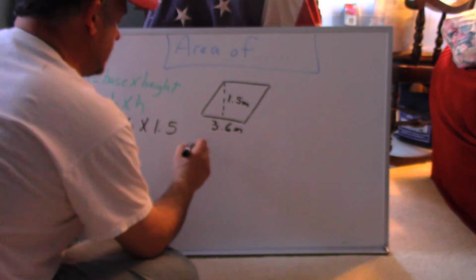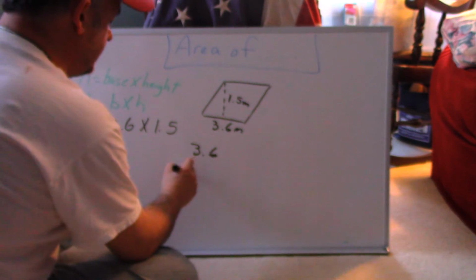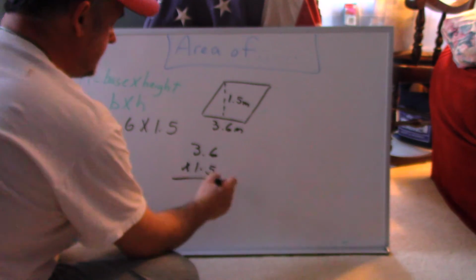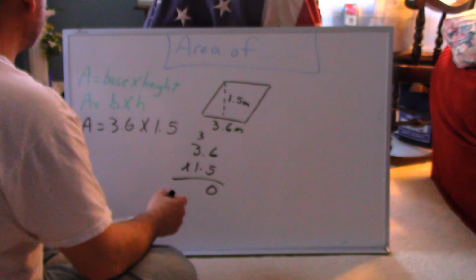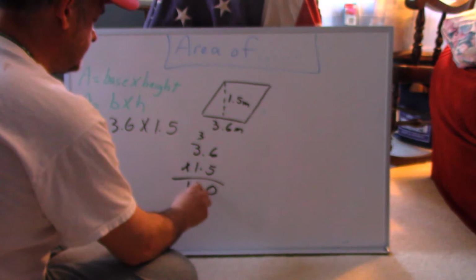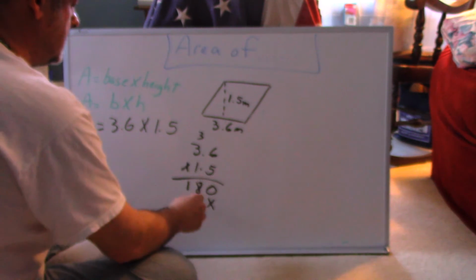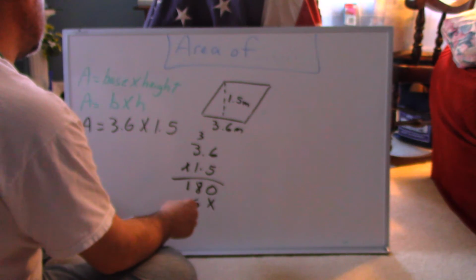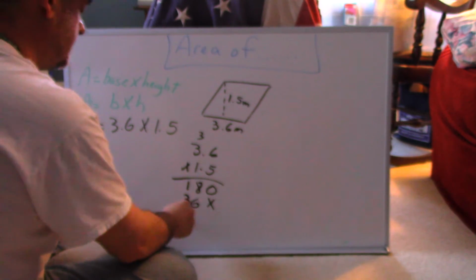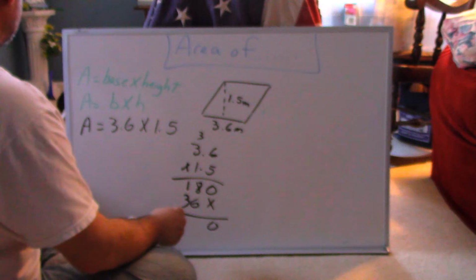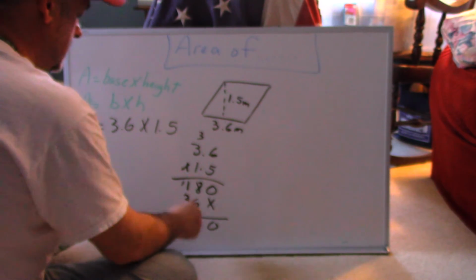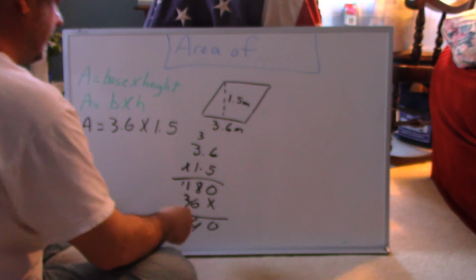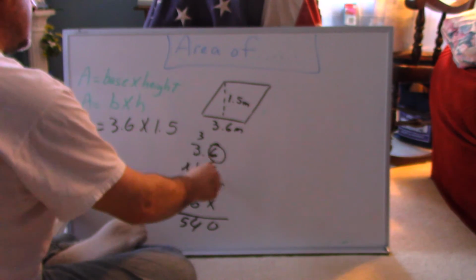Okay. Now we go 3.6 times 1.5. 5 times 6 is 30. 5 times 3 is 15. Plus 3 is 18. Put my X. 1 times 6 is 6. 1 times 3 is 3. 0, 8 and 6, 8, 9, 10, 11, 14. 3, 4, 5. 2 places to the right of the decimal, right?